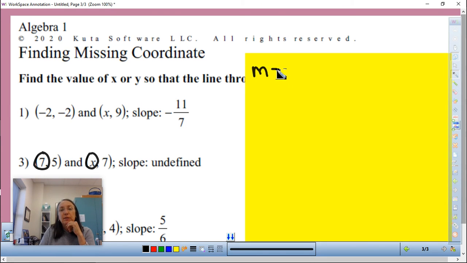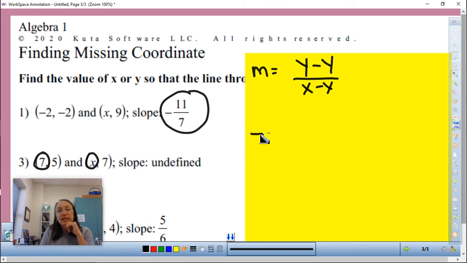We'll start with m is equal to y minus y over x minus x. I know that my slope is a negative 11 over 7. I'm going to start with this one. So I'm going to be saying x minus negative 2 and 9 minus negative 2.